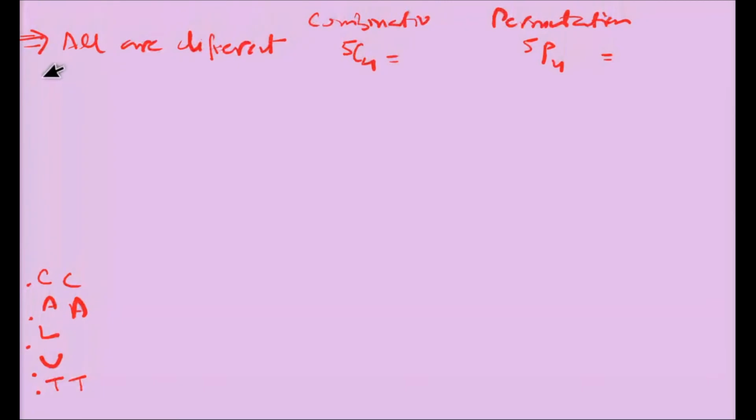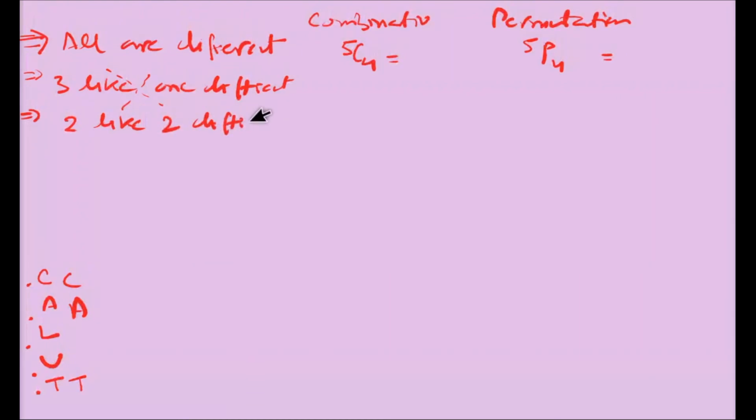Now second may be 3 alike, 1 different. This is not possible. There is no 3 alike here, there are only 2 alike. And third, we can say 2 alike, 2 different. So 2 alike letters are 3 pairs.